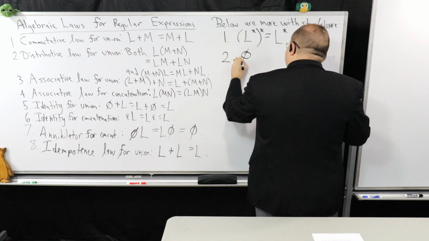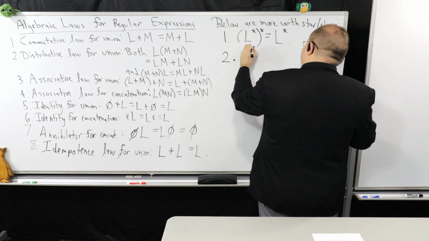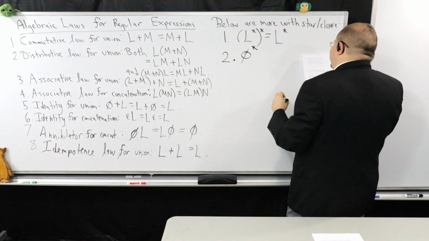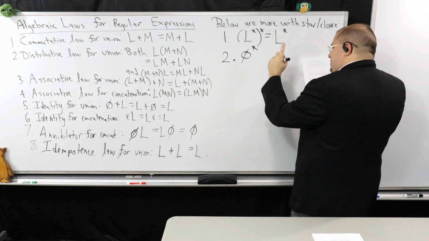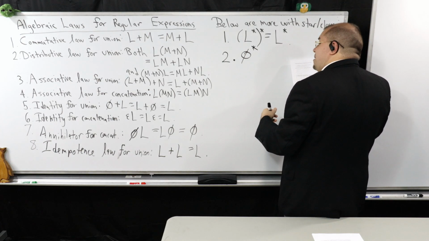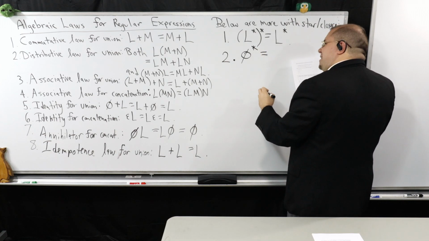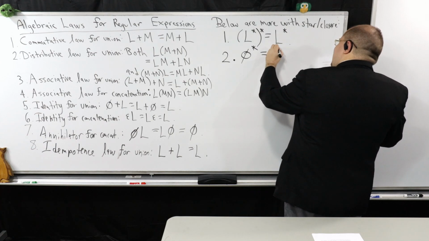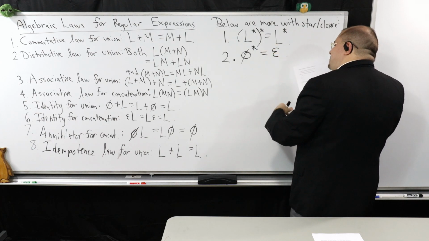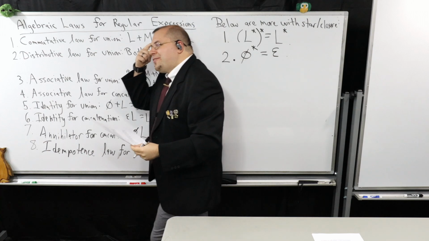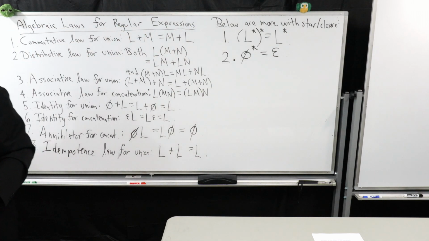One that I should point out that I have not addressed for you is the expression for the empty language when I apply the star operator to it. This is going to be one of those funny examples. Believe it or not, this is epsilon. It actually comes from the definition of star.